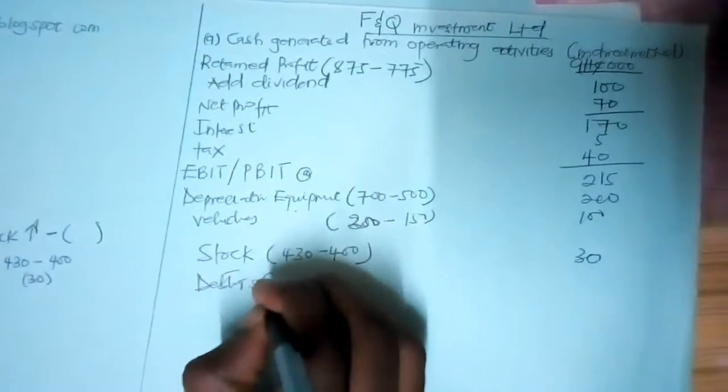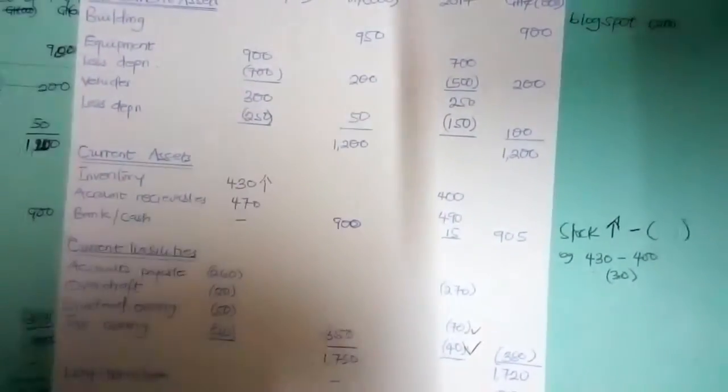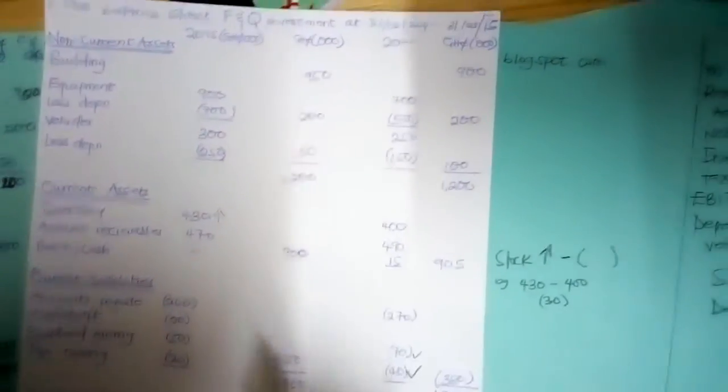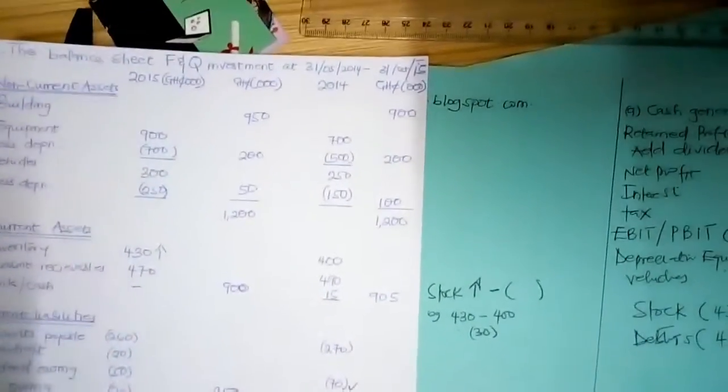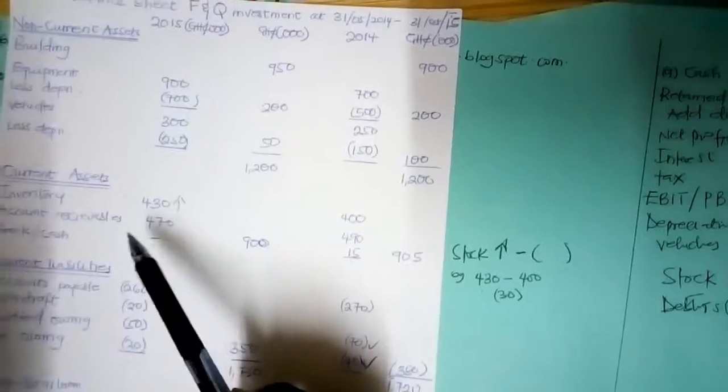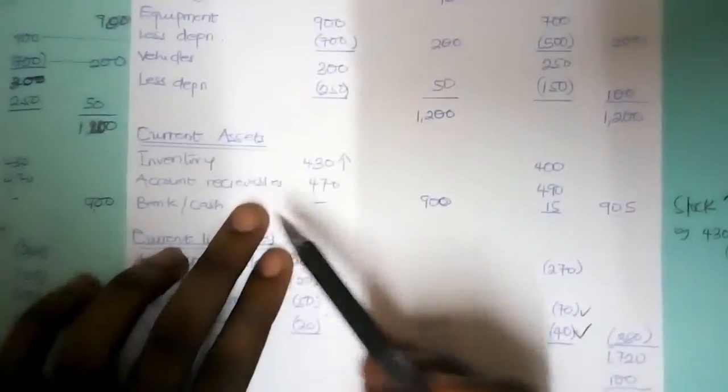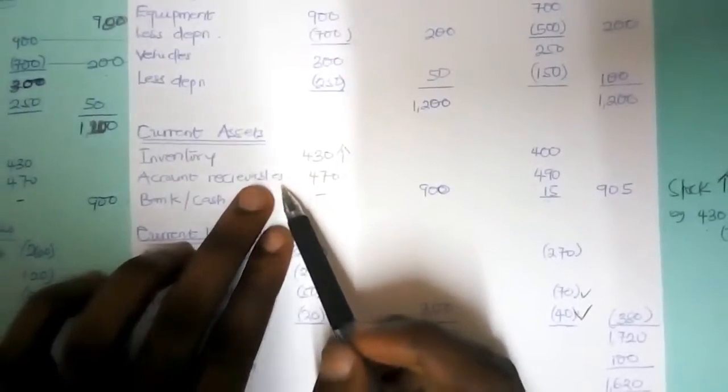Then we go to our debtors. The debtor figure, we have 470 minus 490. As you can see here, the debtors column is account receivable. So in case you don't see debtors, it's the same as account receivable.